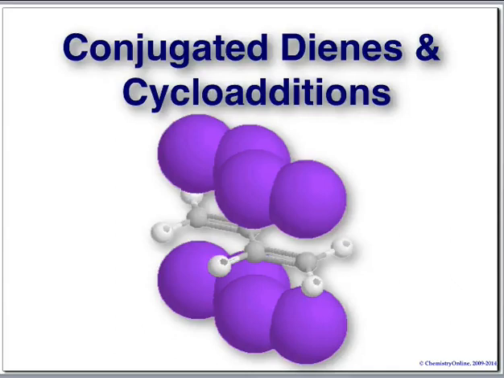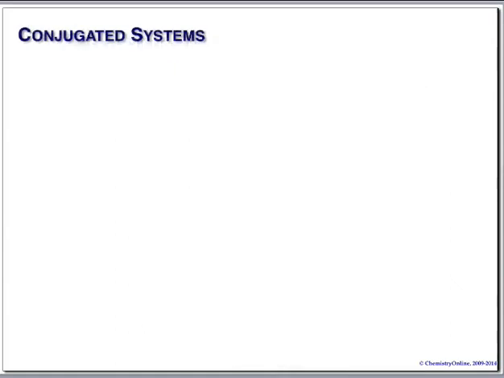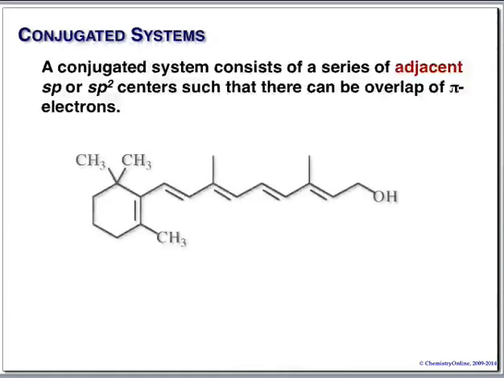All right, let's go ahead and get started on chapter 14. Conjugated dienes and cycloadditions. When we talk about a conjugated diene, what we're actually talking about is a collection of sp squared centers that are adjacent to each other.